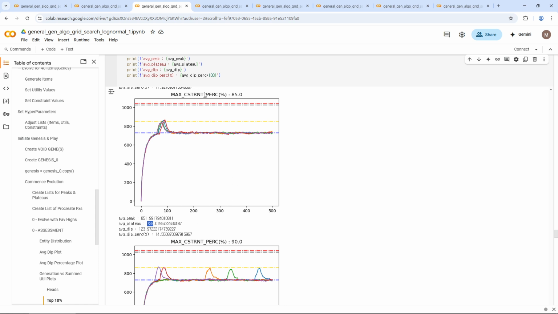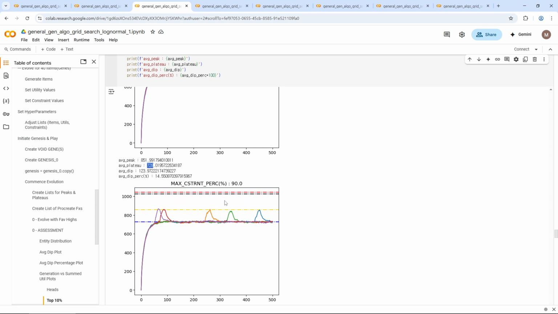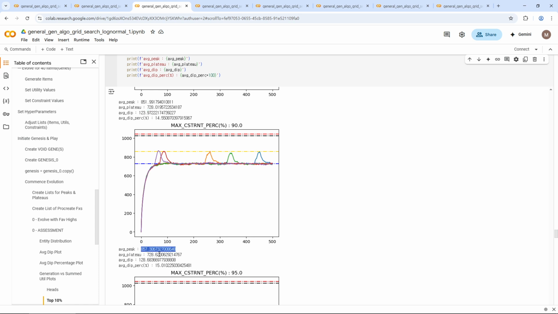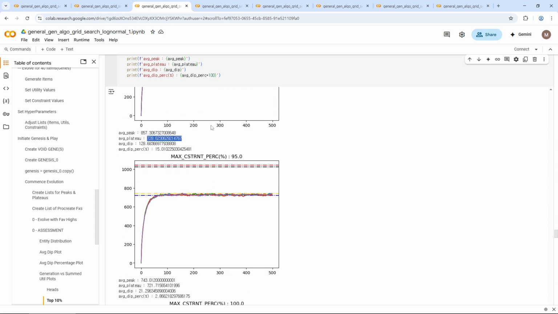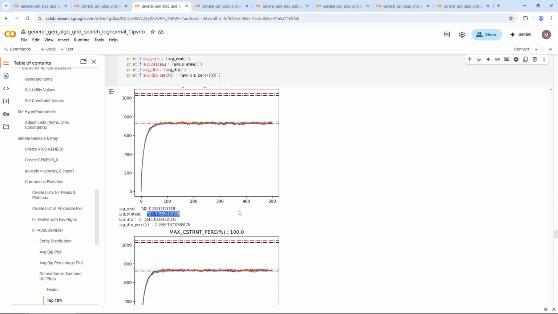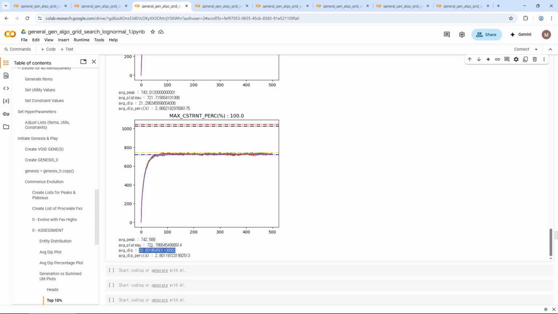So still lower than when this value was at 60%. And max constraint percentage at 90%, 857, so higher, but the average plateau is still lower. 95%, everything is just lower. 100% lower.